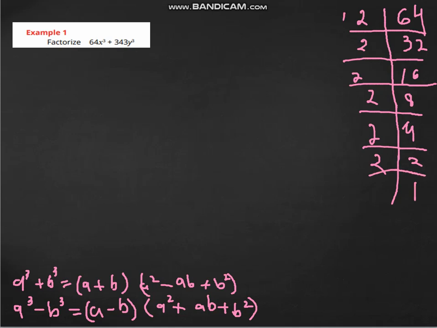Okay, so we're making sets of 3. That means 2 multiplied by 2, 4x cubed.